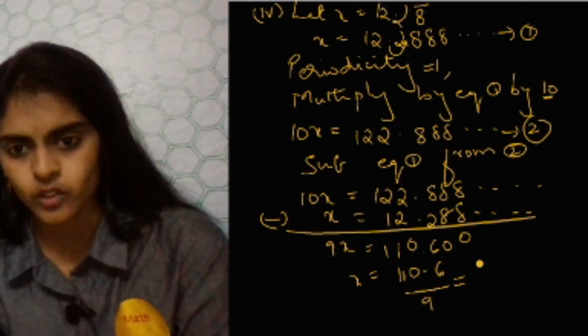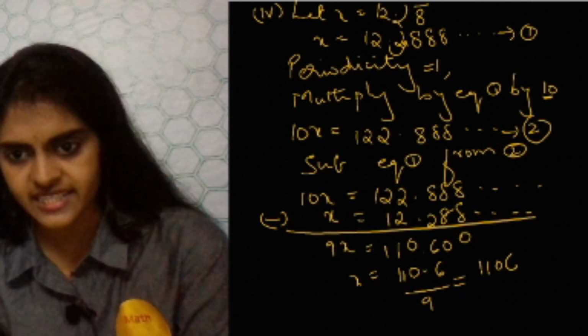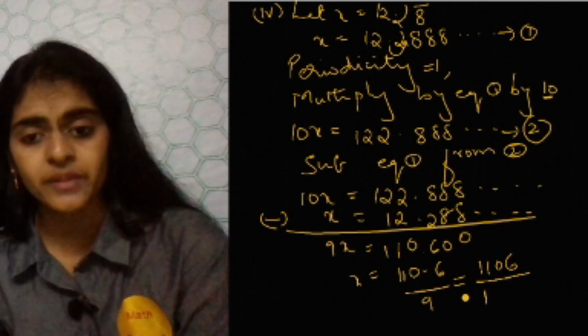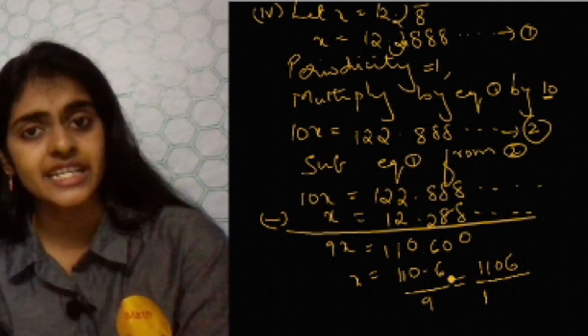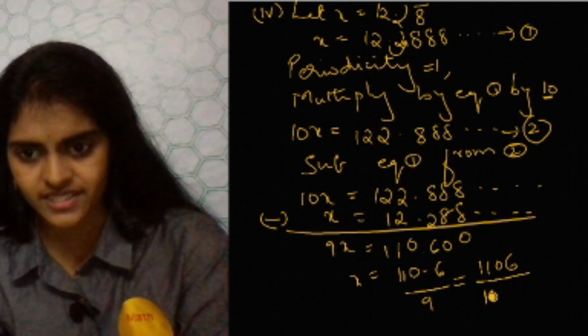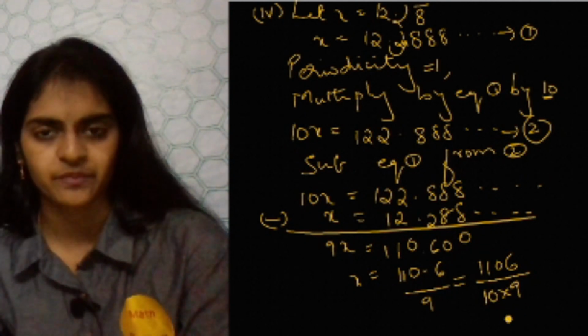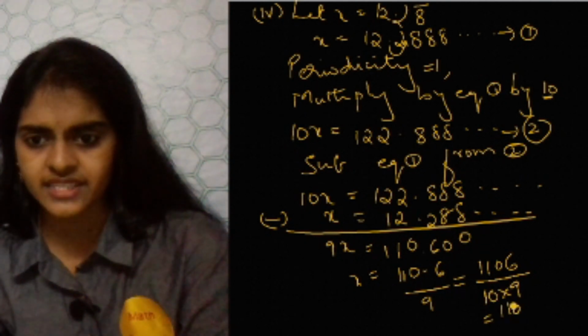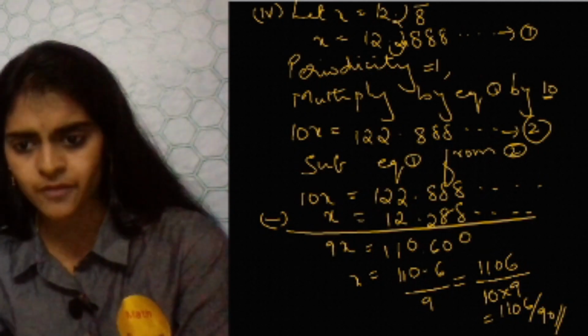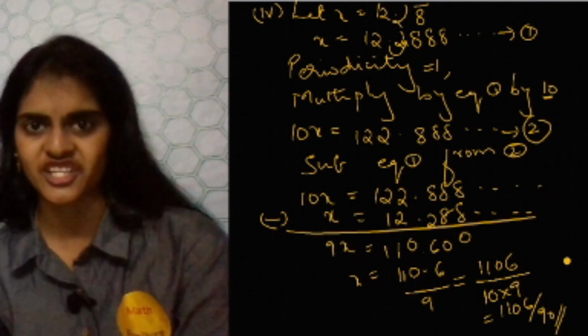Let us do it directly here. So 1106 divided by 10, sorry, 1 along with how many zeros? The number of zeros is equal to the number of decimal places, isn't it? Here you have only one decimal place, so 10 into 9. So this is nothing but 1106 divided by 90. You can cancel it further. Clear? So you'll get the required rational number.